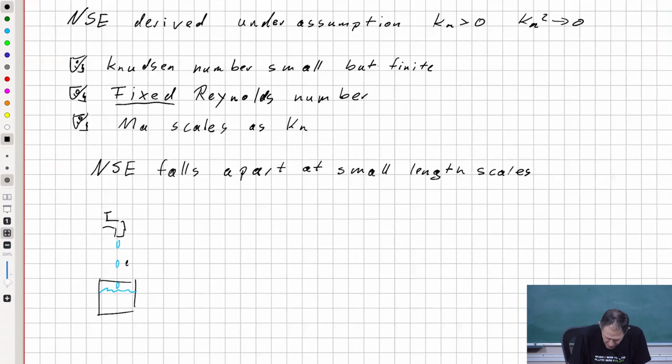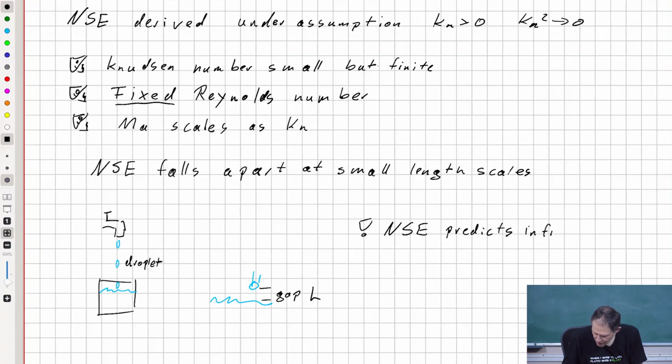Because, there's a droplet. If we zoom into this, and this is falling down, we have here a gap, and say this gap has the length L. And for this, the Navier-Stokes equation predicts an infinite pressure as the gap gets smaller.